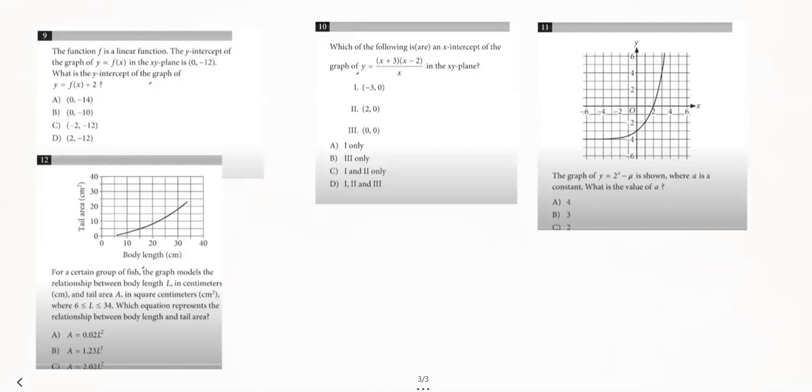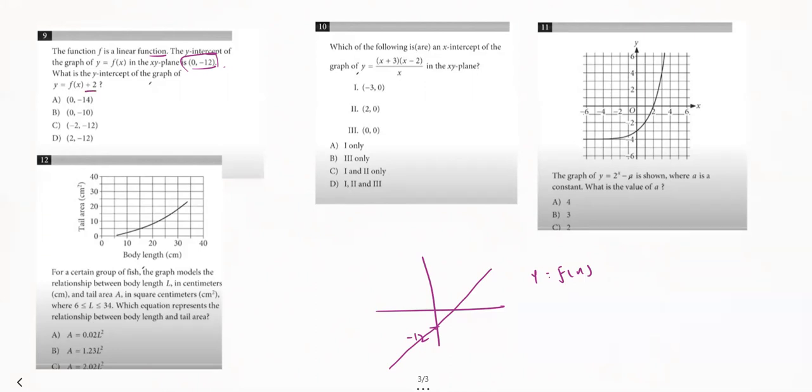Now question number 9. The linear function, the y-intercept of the equation is given. This is the y-intercept, right? So if you look at it in terms of y-intercept, this is minus 12 and this is crossing over here. This is the equation y equals f(x). Now they are saying that it is translated upwards by 2 because we are adding 2.